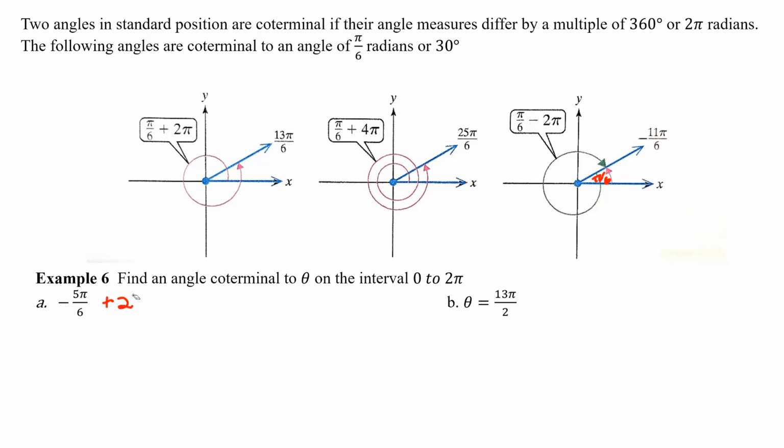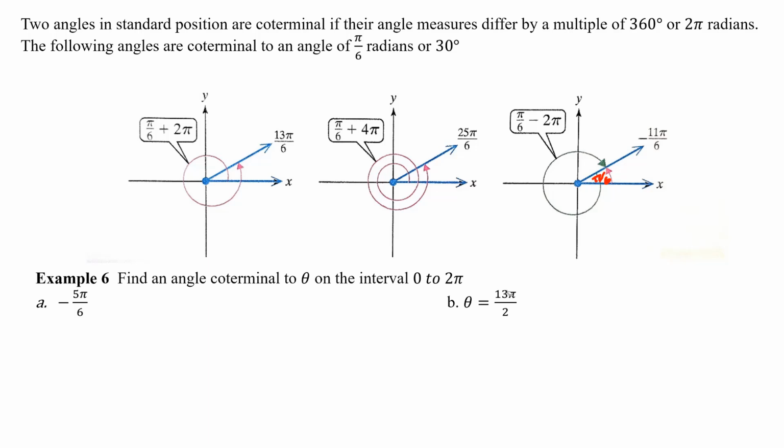So I'm going to add 2 pi, and that's going to be negative 5 pi over 6 plus 12 pi over 6, and that's going to give me 7 pi over 6. So that is going to be my angle that is coterminal to negative 5 pi over 6 because it's between 0 and 2 pi, and all I had to do was add any multiple of 2 pi or subtract a multiple of 2 pi.